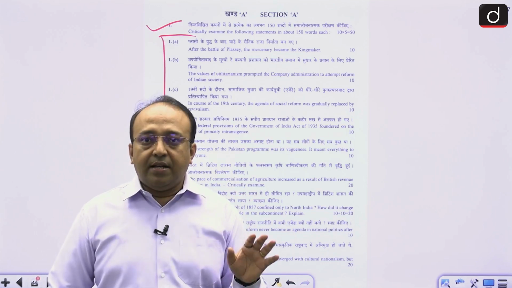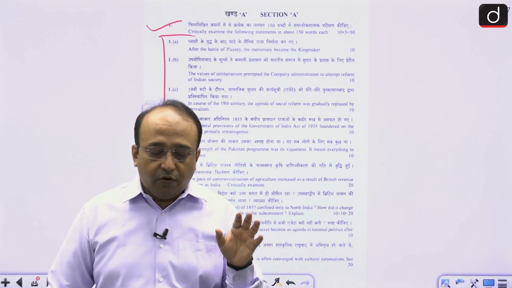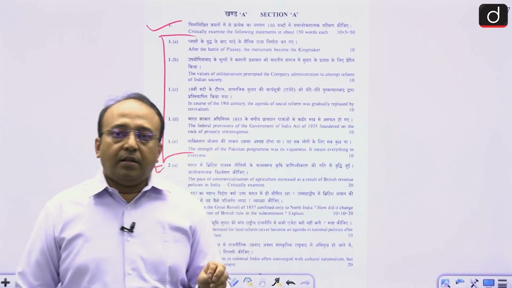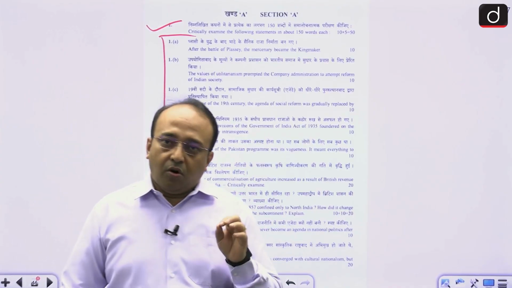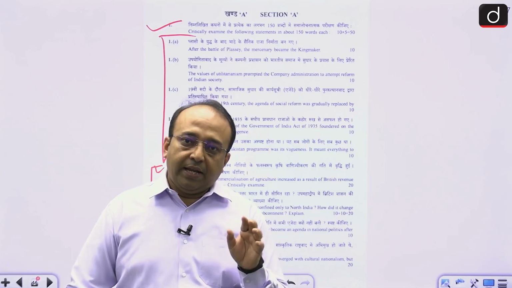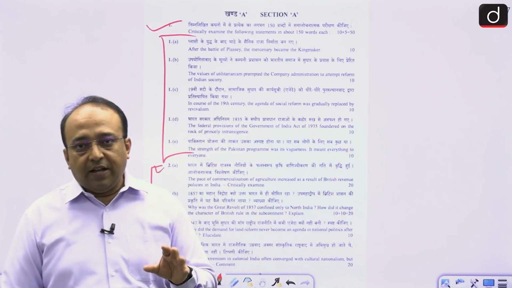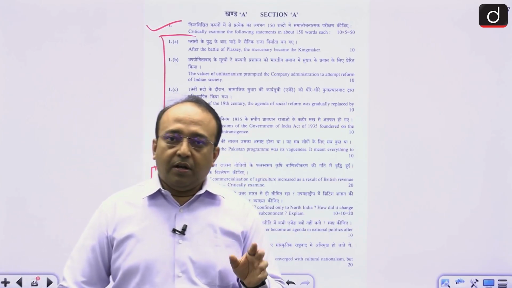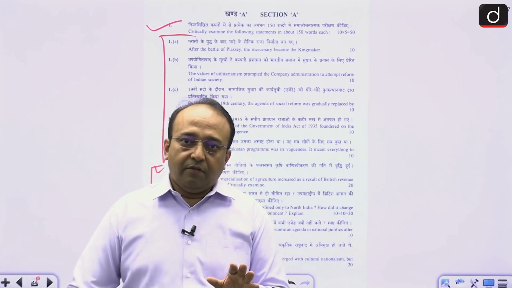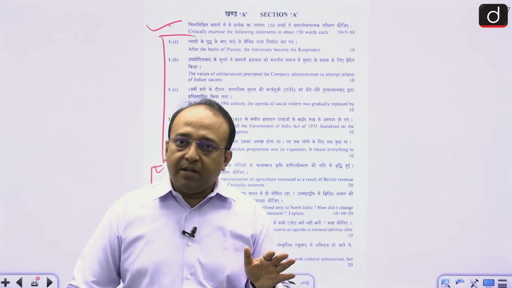So the idea is very simple for all of you to understand: you have to write 5 questions in each paper of history. Questions 1 and 5 of each paper are going to be compulsory, where you don't have any scope to skip them.